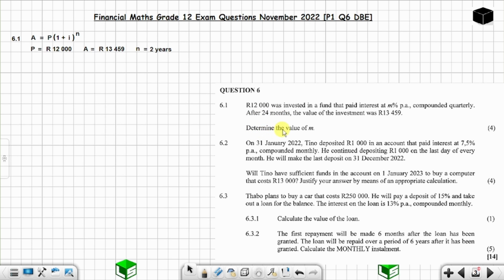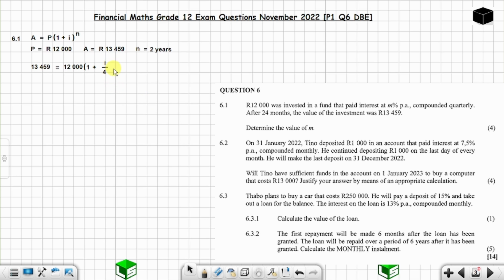Now, determine the value of M. 4 marks. If you can find I, you are going to find the value of M. So let's plug everything that we have into the formula. A is equal to this. P is equal to this, and in brackets you have 1 plus I over 4 because you have compounded quarterly.